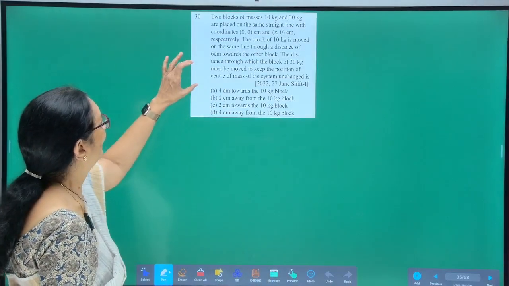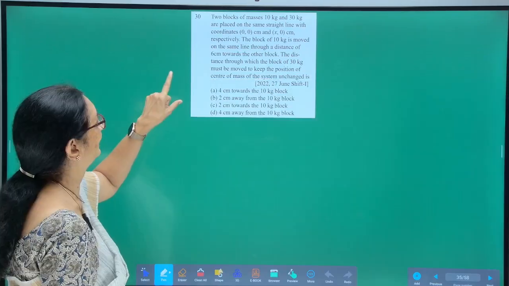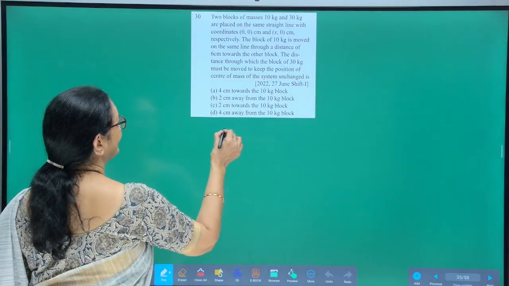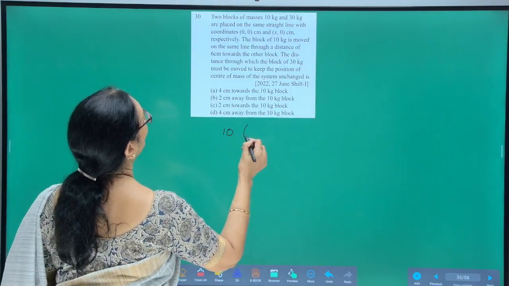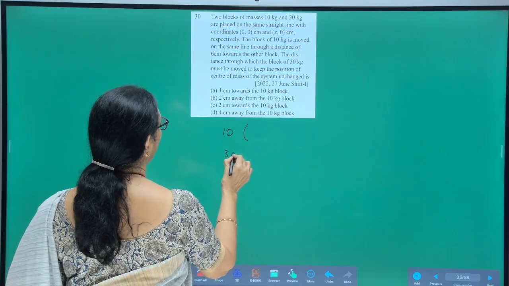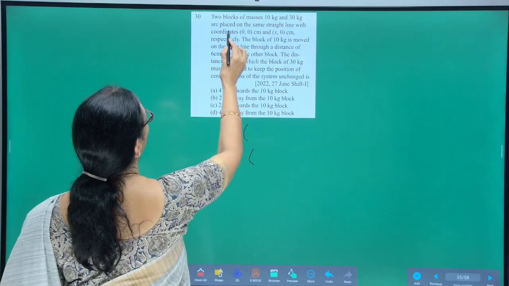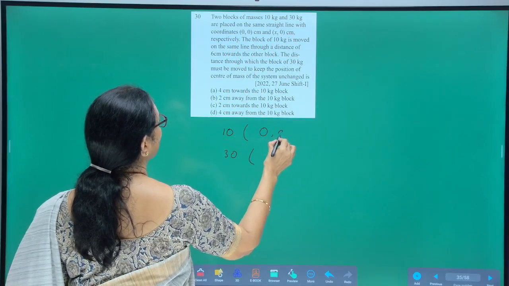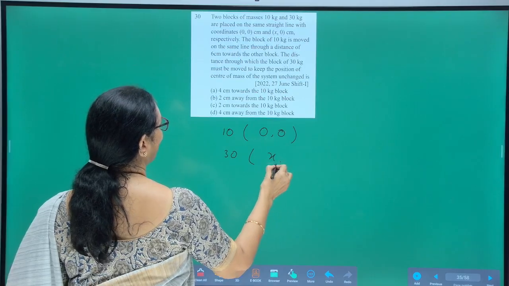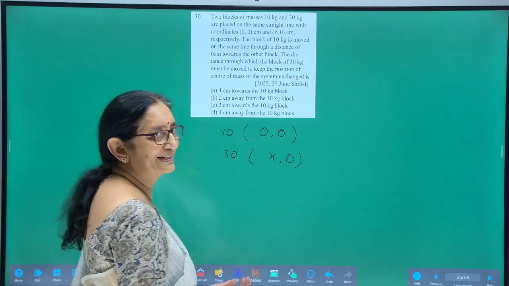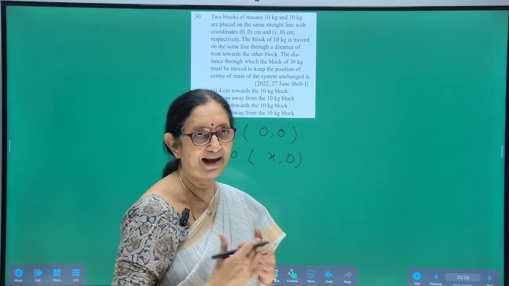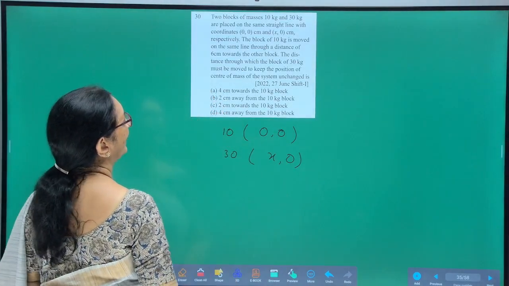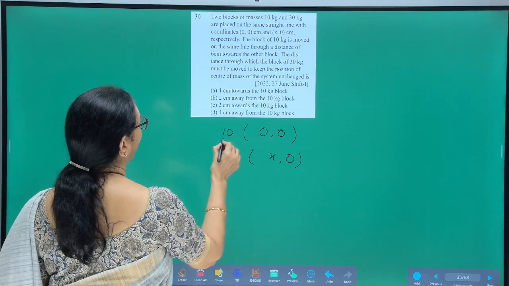Now, look into this problem carefully. Two blocks of masses 10 kg and 30 kg are placed on the same line with coordinates 0, 0 and x, 0. That means they are lying on the x-axis, because in both cases the y coordinate is 0.